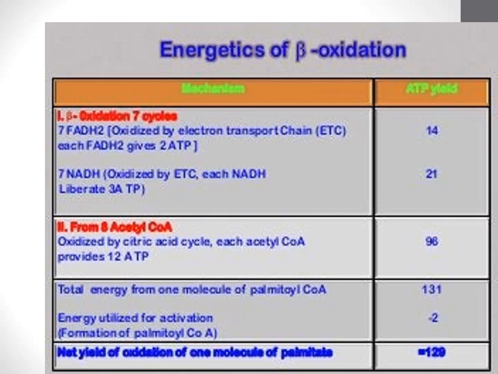So in total 131 ATP molecules get generated from the palmitoyl-CoA molecule, of which 2 ATP molecules are used for the process. So totally 1 molecule of palmitoyl-CoA undergoes beta oxidation to release 129 ATP molecules.